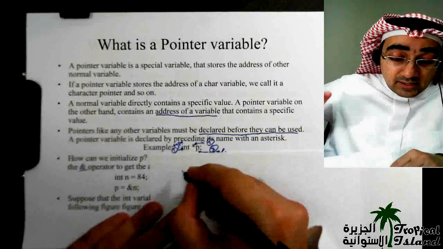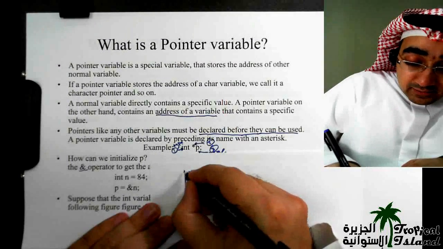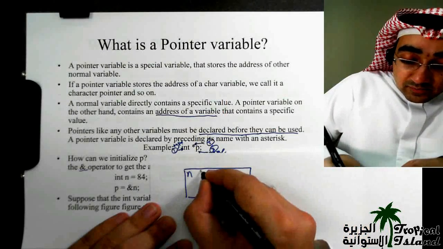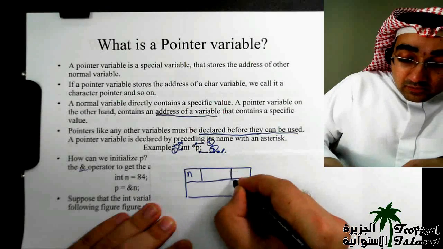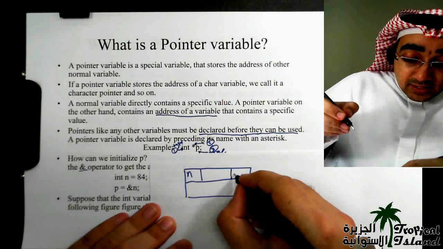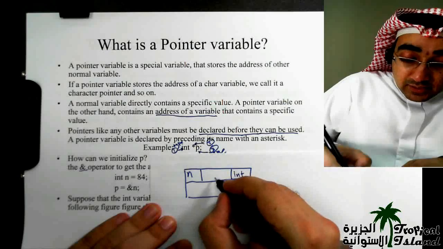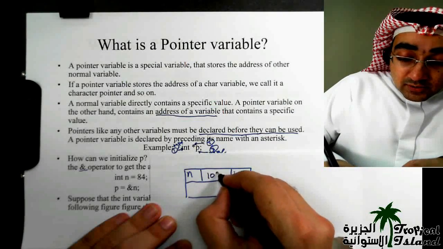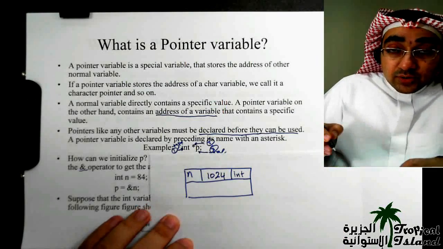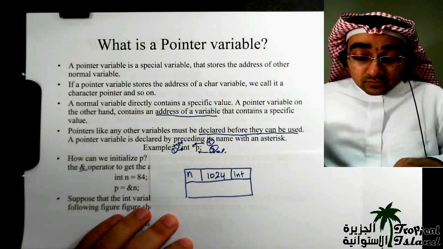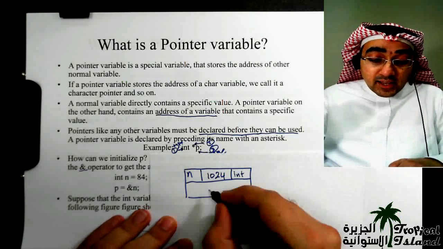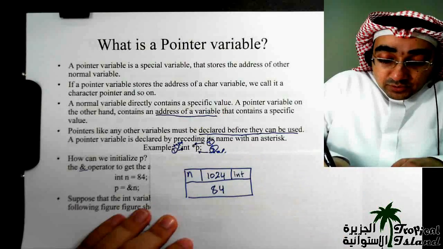So we have n, this is my big notation. It's of type integer, and it is stored, suppose the compiler chose 1024. This is the memory address that the compiler found free and allocated for you, and inside it is going to put 84.